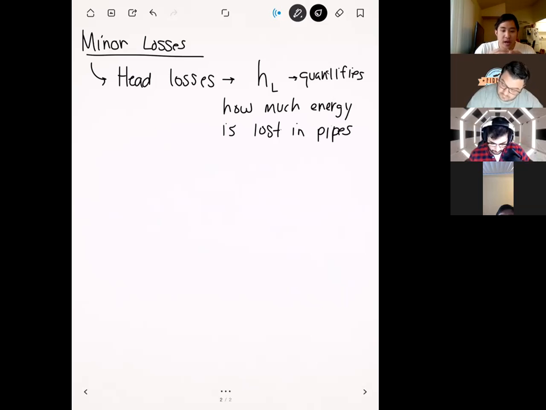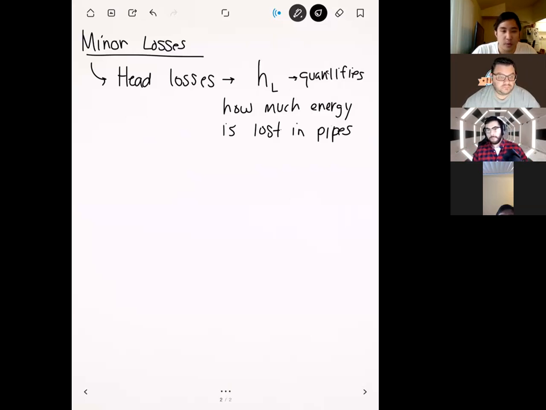A pipe is a very constrained system, so as the fluid goes through the pipe, you can almost think of it as the fluid rubbing against the sides of the pipe. Just like when you rub your hands together and friction converts some of the energy to heat, the exact same thing happens for fluids. As fluids slide across the pipe, they rub against it and lose some energy due to viscosity. And that's what we mostly went over last time, which was major losses.